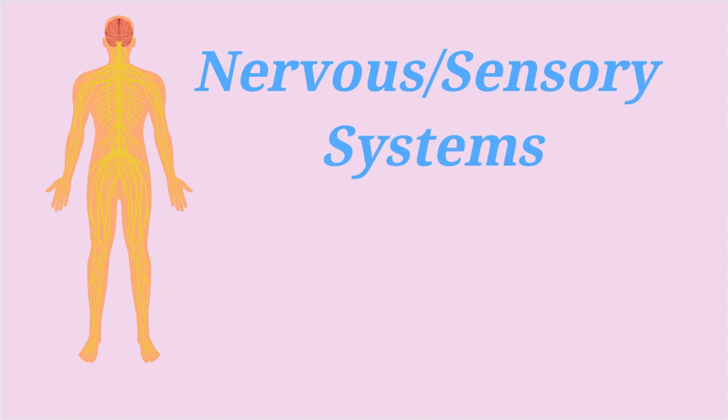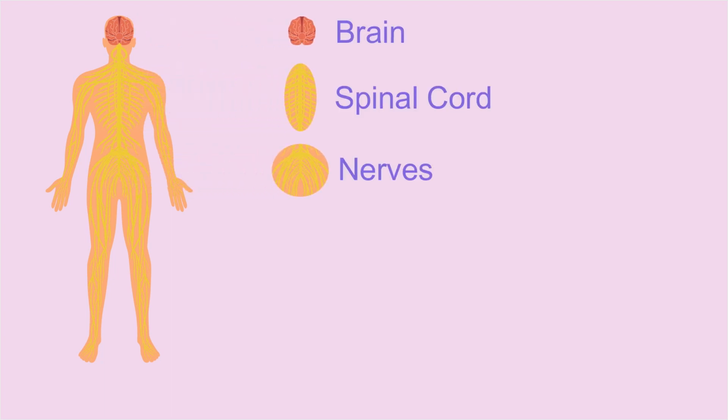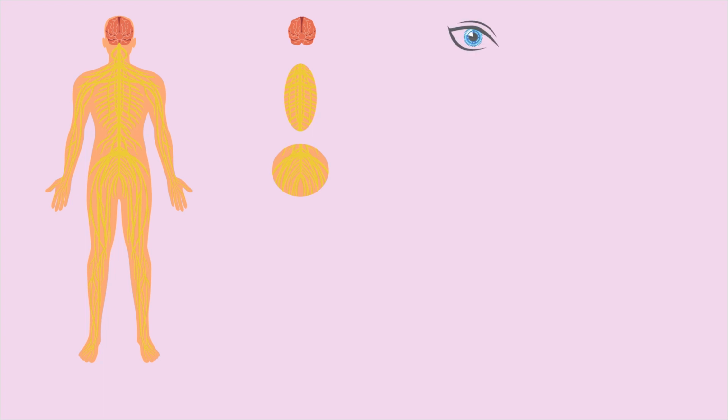Nervous or sensory systems. The nervous or sensory systems include the brain, spinal cord, and nerves. The brain provides signals to different parts of the body via nerves. The sensory system of humans also includes eyes, ears, nose, tongue, and skin.